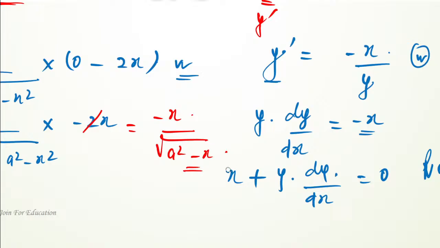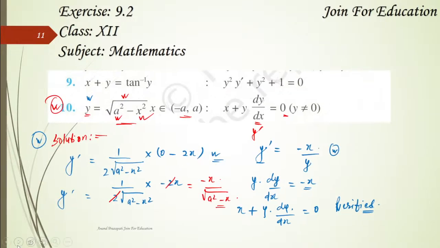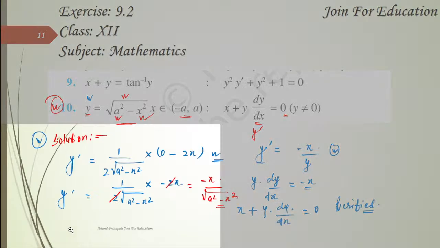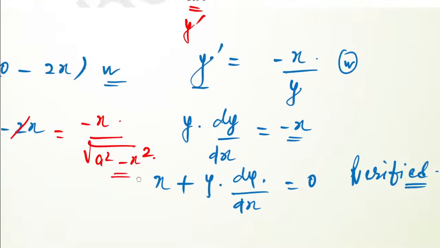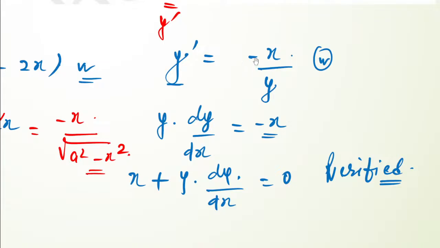So from the question we put the value of a square minus x square, which equals y, so I put y dash equal to minus x by y.